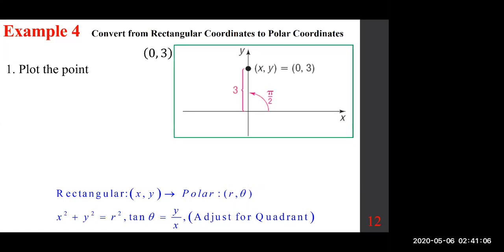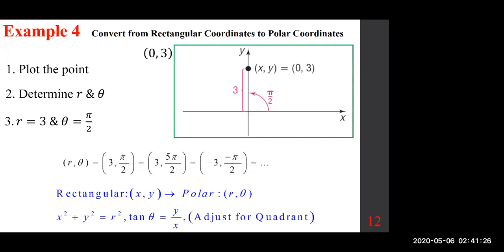When you plot the point x comma y, 0 comma 3, you can see the rest of it. To determine r and theta, remember, r is 3 and theta is pi over 2, as you can see obviously. And so here's the answer, and there are a couple of ways to write it.